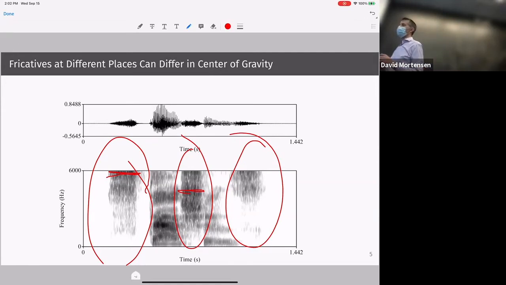Th is made by sticking your tongue out between your teeth a little bit, or putting it right behind your teeth. So articulatorily they're quite different, but acoustically they're very similar. And so my daughter doesn't say think, she says fink, which is adorable, but also illustrative of a general pattern.